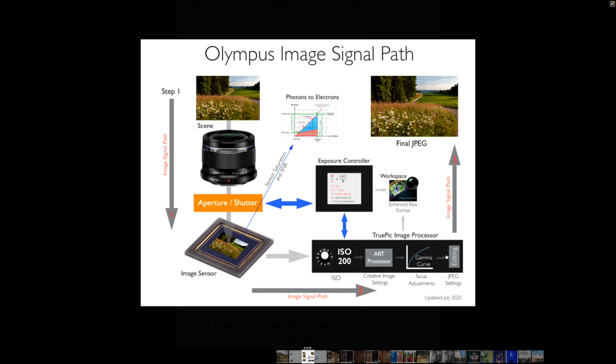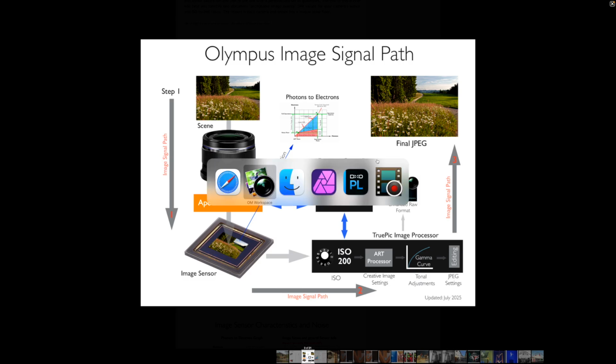Or I can do this processing in Workspace, because all this information is transferred through what I call the RAW Plus, or the enhanced RAW file, to Workspace. Then I can save the same JPEG look in Workspace as I would have had with a camera. So if we move on, I want to show you what we get in Workspace.